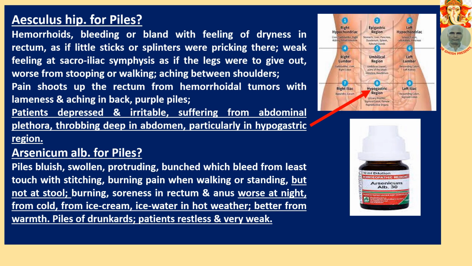Better from warmth. Piles of drunkard, patient restless and very weak. Patient restless, very weak, these are the general symptoms of Arsenicum. All Arsenicum patients are very restless, they feel very weak, and they also have fear of death. They think that they are going to die, that the medicine will not work on them.